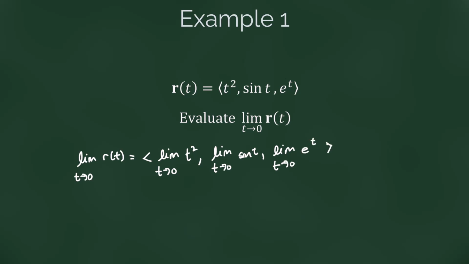Well, each of those is a continuous function, so we know that we can evaluate the limit by plugging in 0, so we get 0 squared, sine of 0, which is 0, and e to the 0, which is 1. So our limit is the vector 0, 0, 1.